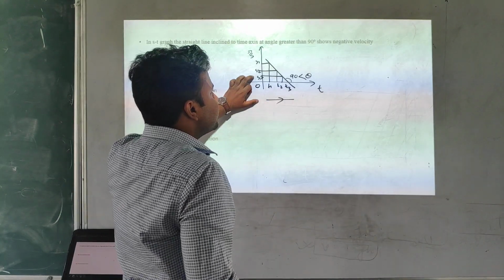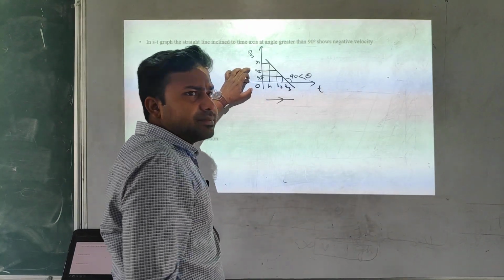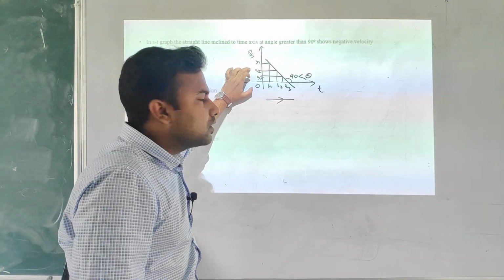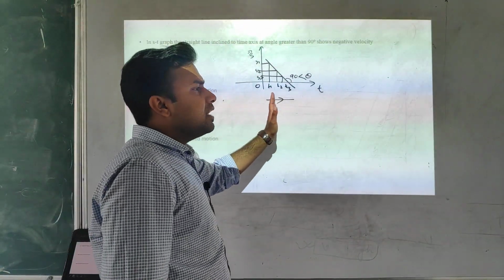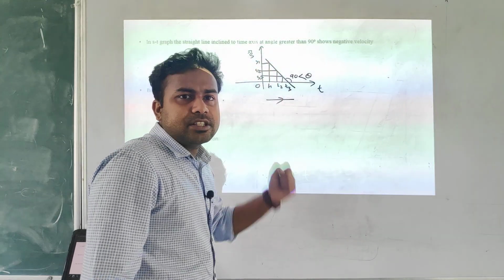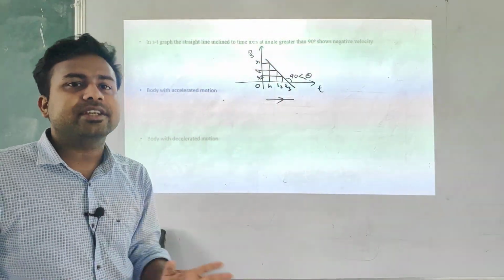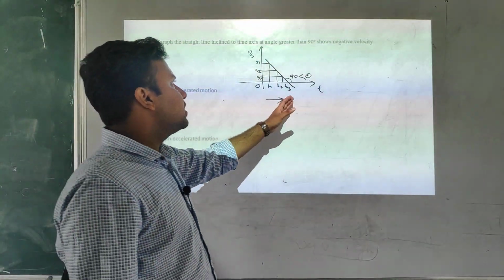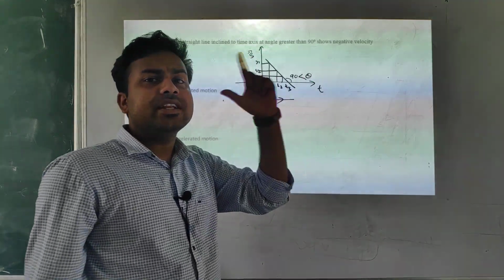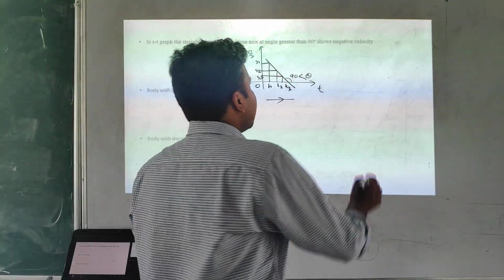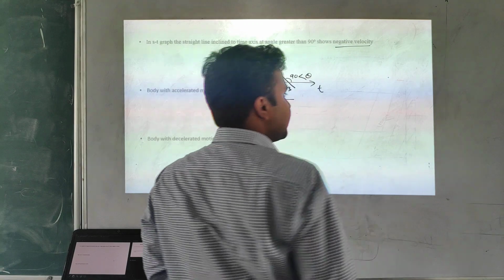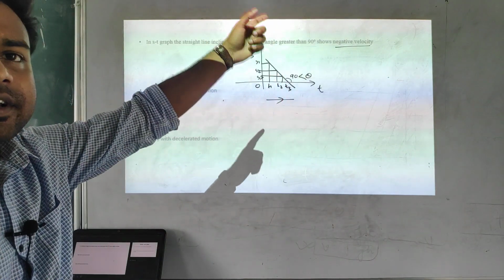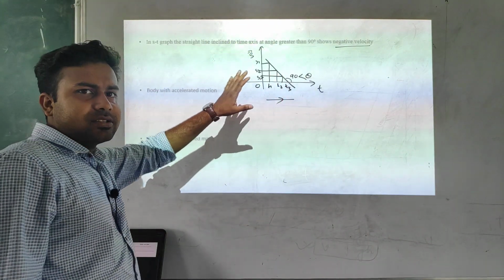The point nearer to zero is less as compared to the points far from zero, is it or not? So time is increasing but displacement is continuously decreasing. When is this possible? If we have a negative velocity. Student, note down these things also.